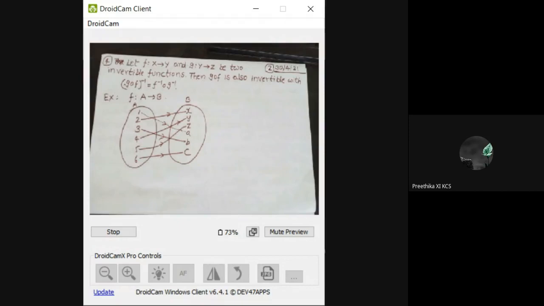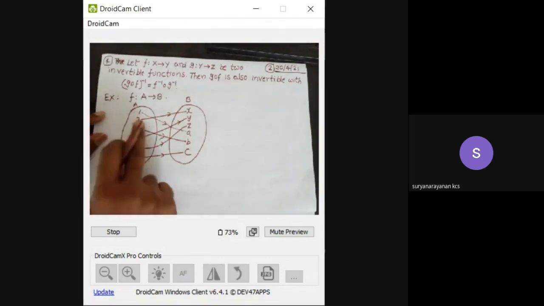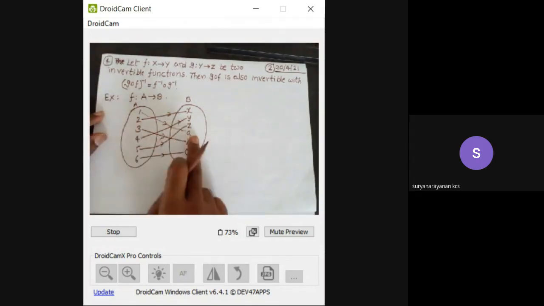Sir, it is also one-one. Please observe carefully, Preetika. Sorry, sir. It is one-one and also onto. Indirectly, it is a bijective function. Now, this is the arrow diagram. I represented this function f from A to B in pictorial representation.